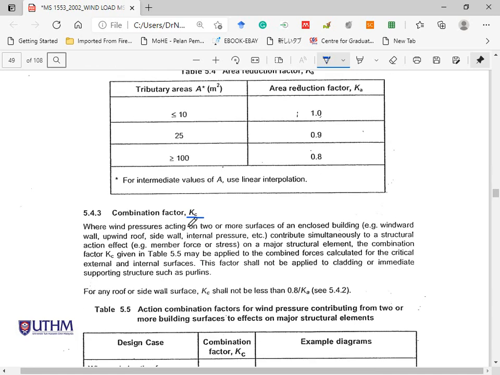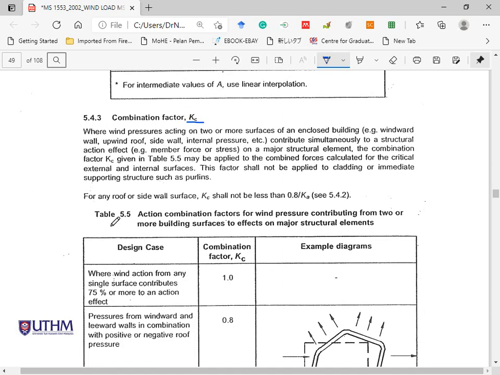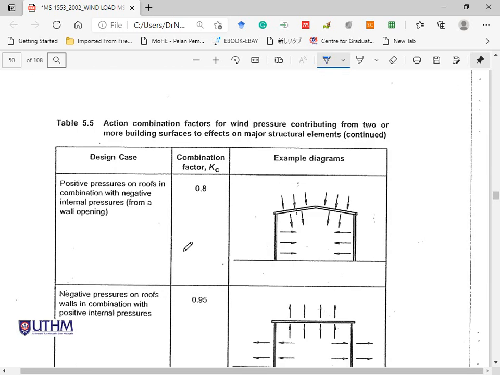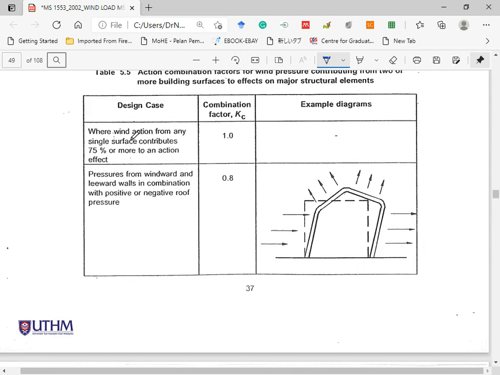And this one is the Kc combination factor, 5.4.3. Table 5.5 is for the combination factor Kc. Kita ada kat sini several design cases. So this is where wind action from any single surface contributes 75% or more to an action effect.